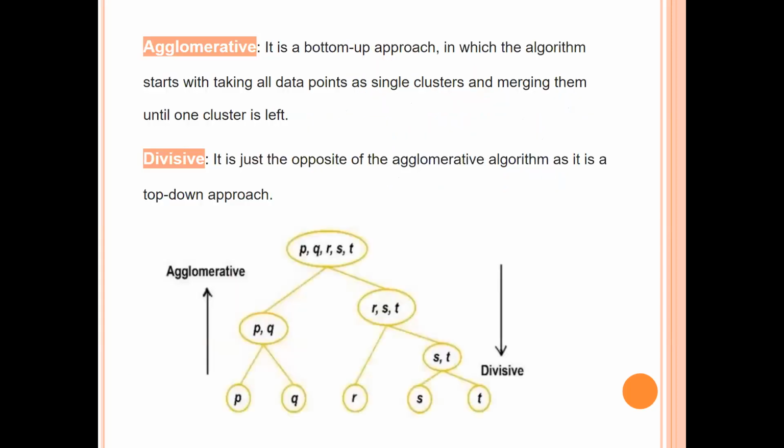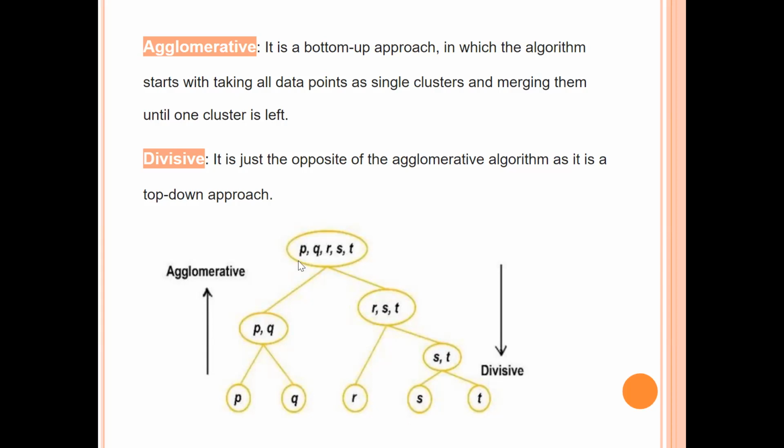Next, the agglomerative technique. As I just told you, we will be having individual data points in individual clusters, and then based on some similarities or based on the distance, we will group them. We will make the clusters, and finally, using the agglomerative algorithm, we will be having only one final cluster.